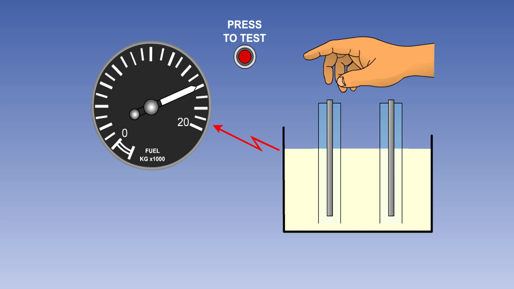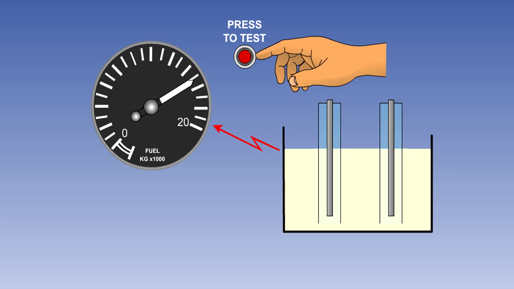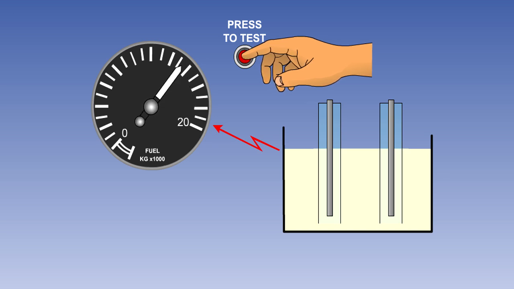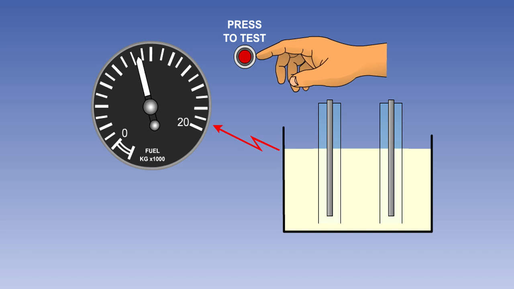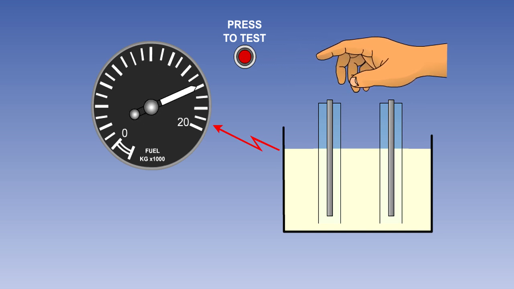Some systems also incorporate a test switch, utilizing the fail-safe circuit. When the test switch is operated, the indication moves towards empty, and when the switch is released, the pointer should move back to its original position.